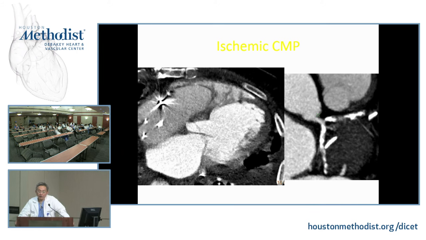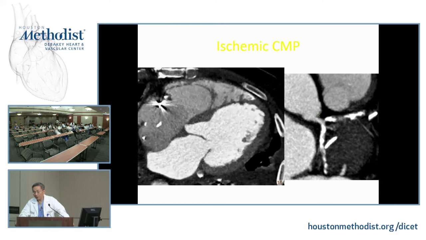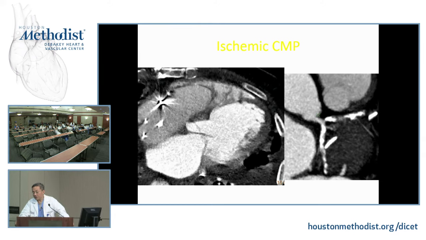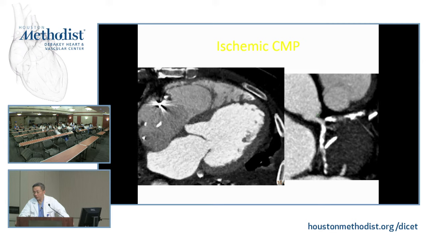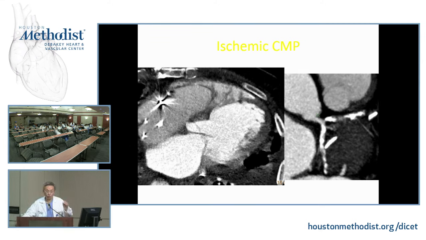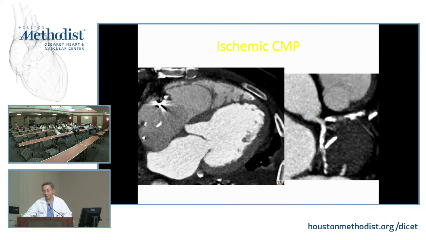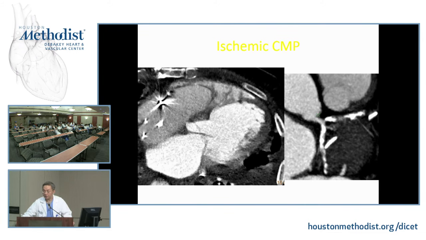And with the calcium score, the thickness we use is 3 millimeters. So if you see a lot of calcium, sometimes you cannot tell if it's concentric, eggshell, or circumferential, unless you do really thin slices, which again increases the radiation.